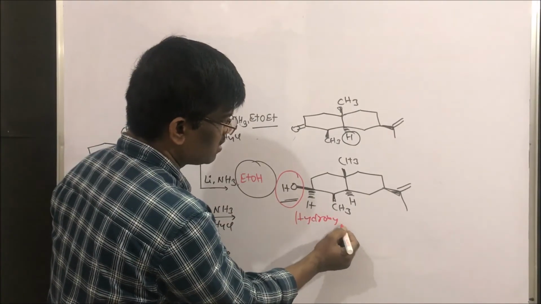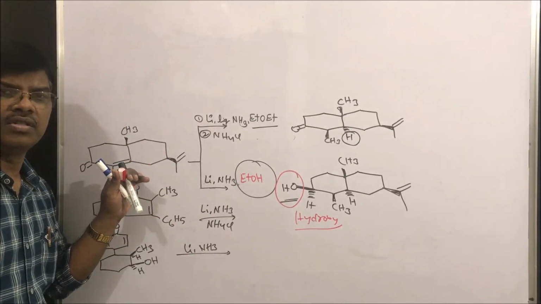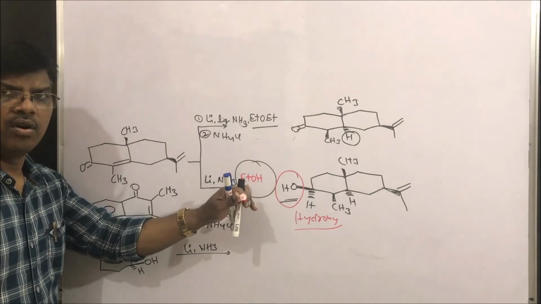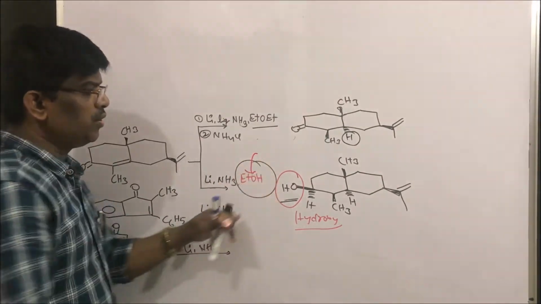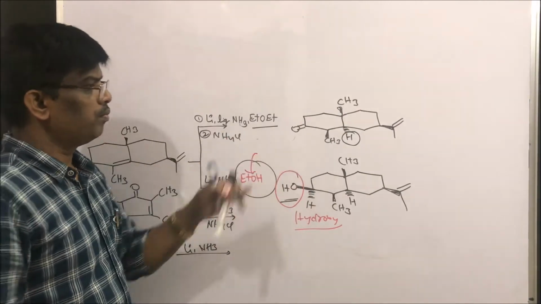Please note this down. Whenever you see alpha beta unsaturated ketones on the arrow, if you see alcohol, reduce both groups and write the alcohol. Don't stop at the ketone group.